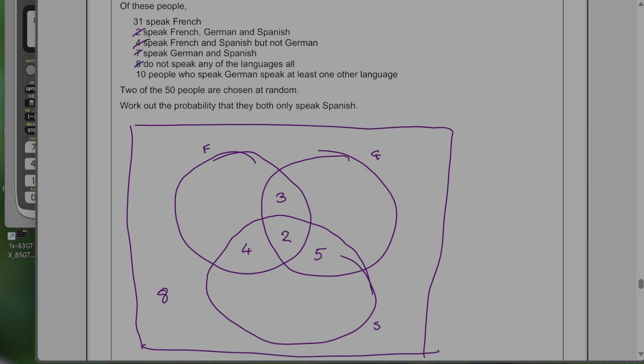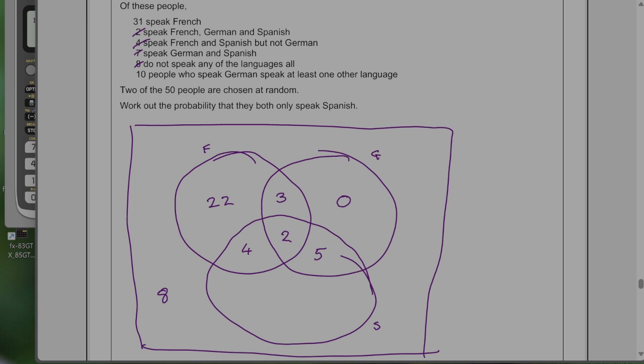Right, based on that, we can return back to this 31 speak French. So we've assigned so far 7, 8, 9 of them. So that must mean that we've got 22 there. Ten people who speak German speak at least one other language, so that actually means that there should be a 0 there.